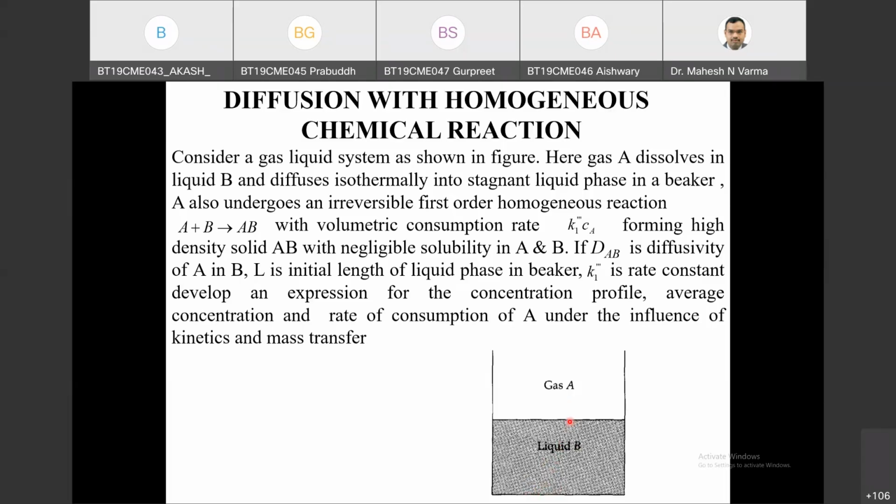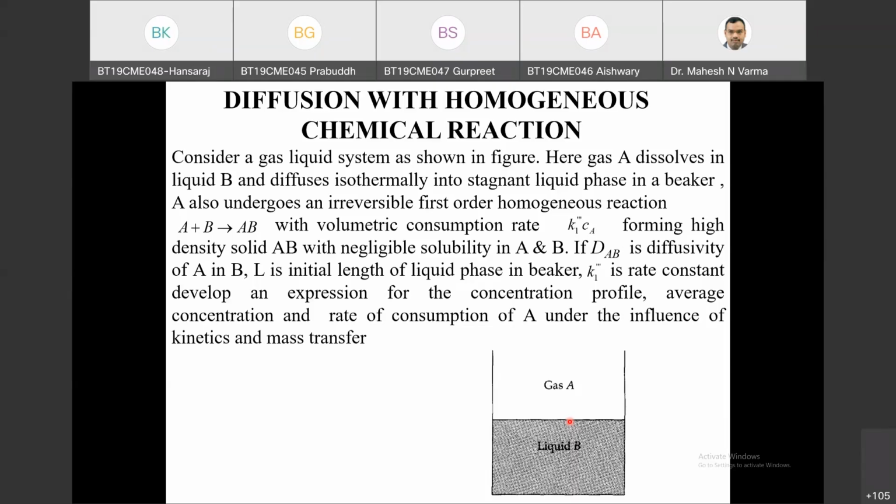Roll number 48, Hansraj. Yes, sir. How to calculate Ca naught? Sir, Ca naught will be the solubility of A in liquid B. Excellent, excellent. So, Aishwarya, did you hear this?